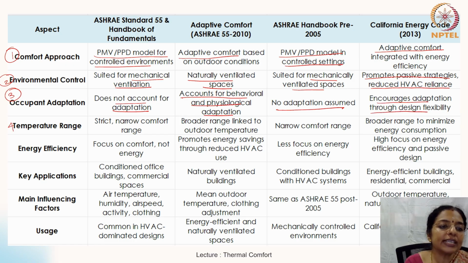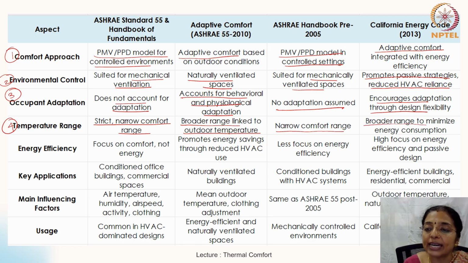Fourth is temperature range. ASHRAE Standard 55 has a strict narrow comfort range, same as ASHRAE Handbook pre-2005, whereas the adaptive comfort model looks at a broader range linked to outdoor temperature, and California Energy Code looks at a broader range to minimize energy consumption. Fifth is energy efficiency.